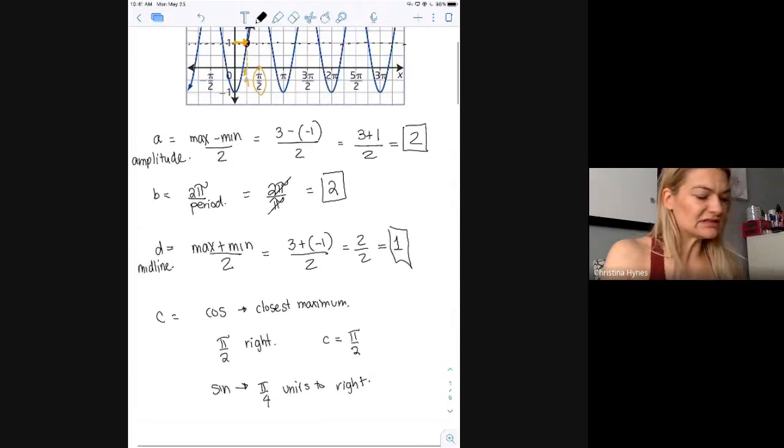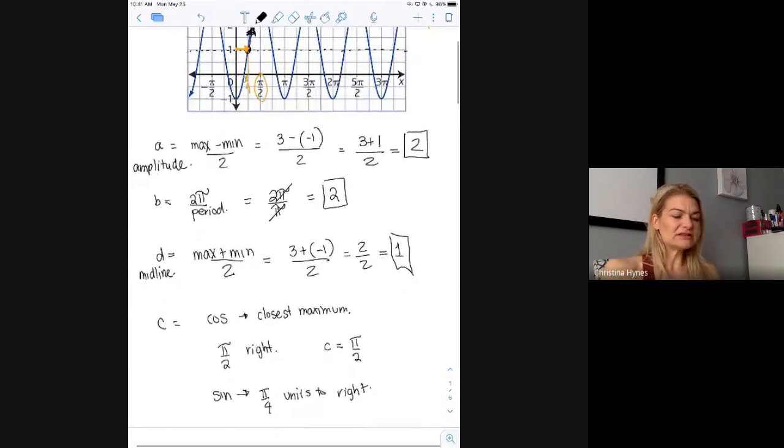That's how you do sine and cos. Cos is the closest maximum, and sine is the closest midpoint value where it goes up from there. You're just figuring out how far it moved away from the y-axis. That's the most complicated part, I find, when you're trying to describe the equations.